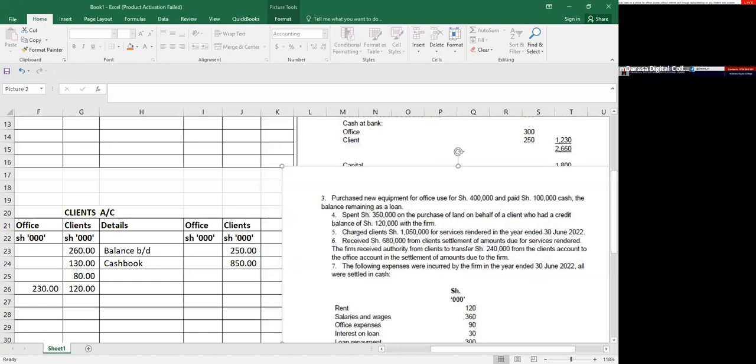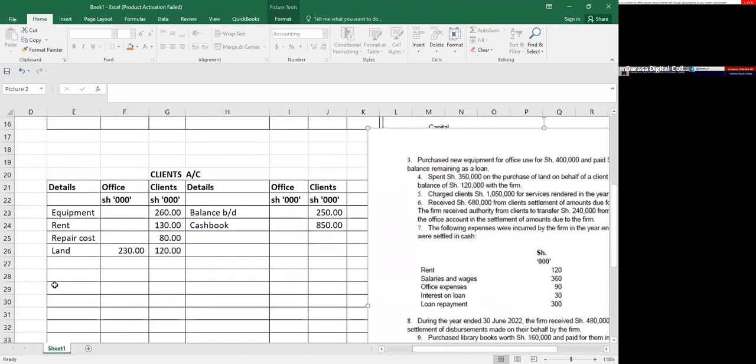We come to our client's account, where I'll be having the fees that was charged, not paid, office column, 1050. Then we credit our fees account.